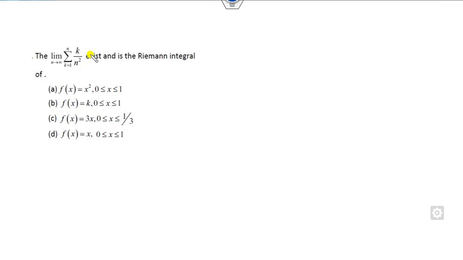Now the limit of this sum and the Riemann integration. Any function f of x dx, you can write this function in terms of a sum, where r varies from 0 to n minus 1.